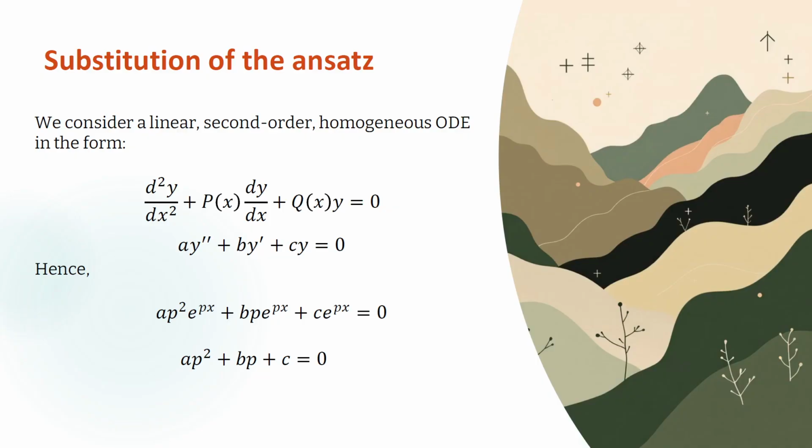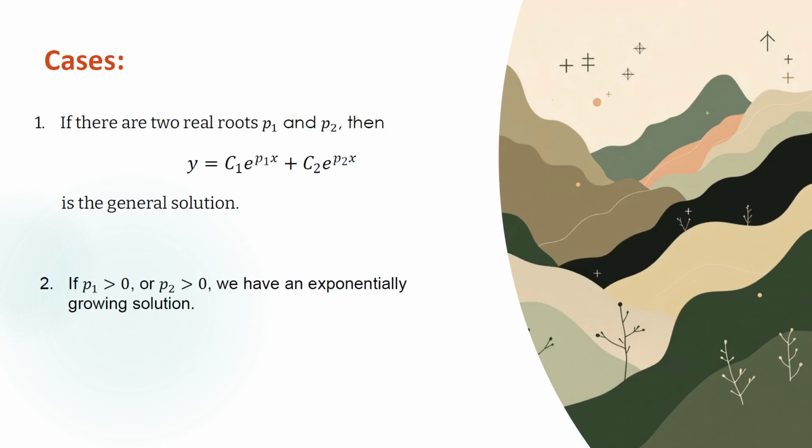Since we have two possible values, they could be positive or negative, and sometimes we arrive at an imaginary value or a complex number. So there are many cases upon which we base the general form of our solution, depending on the roots that we calculate. And these are the cases.